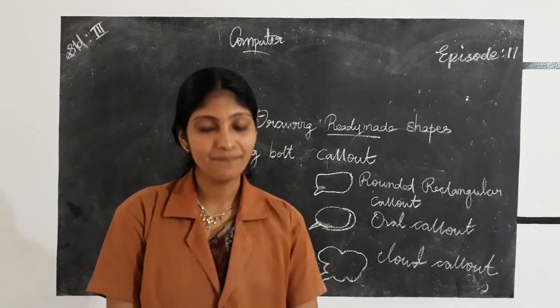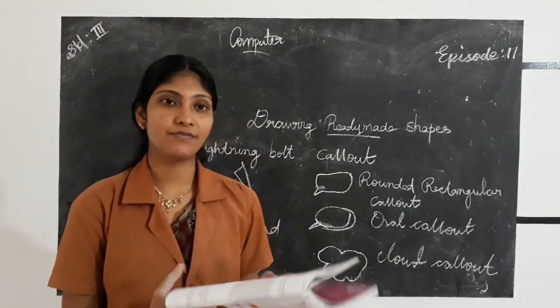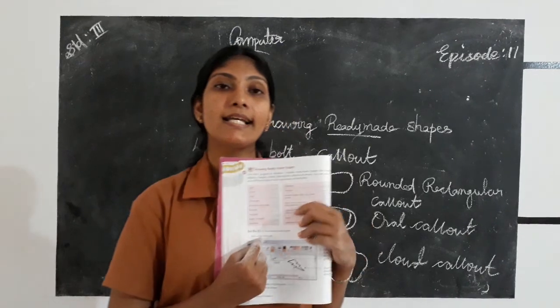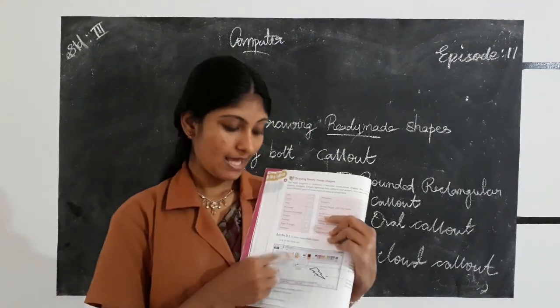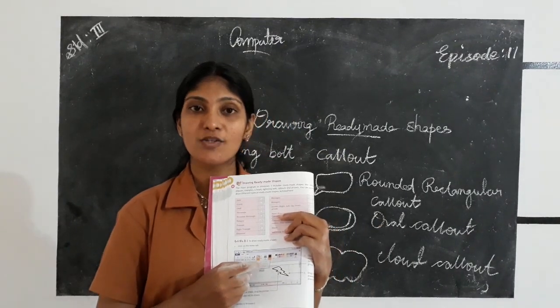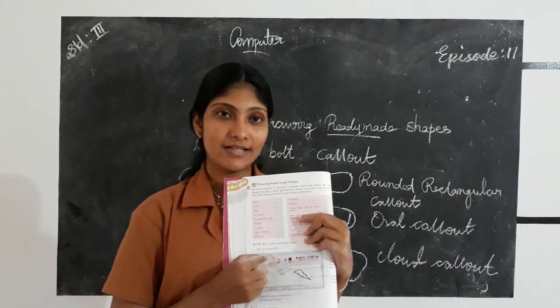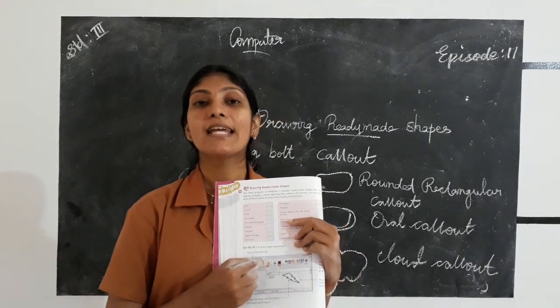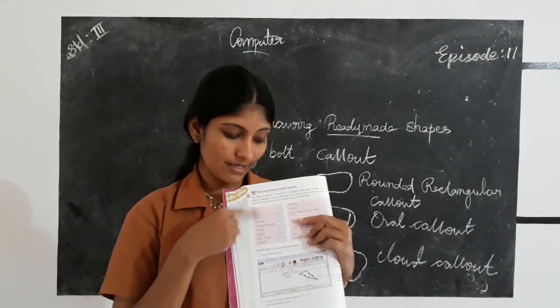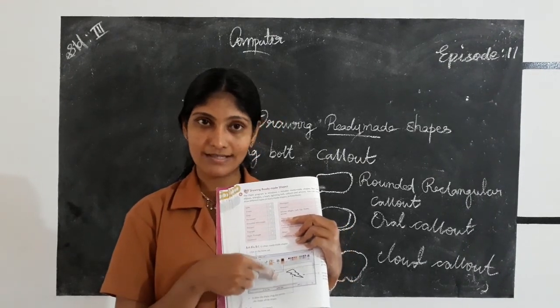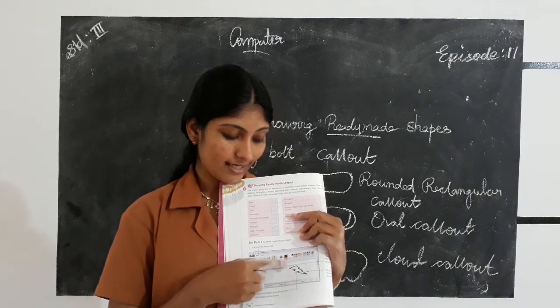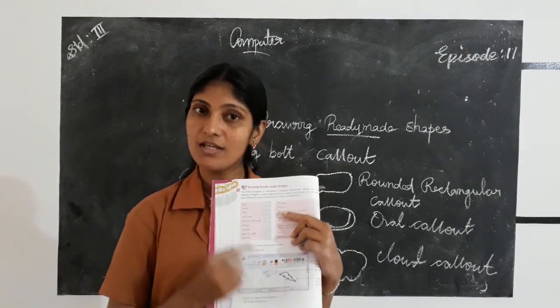So first, look at the picture, page number 58. First, click on the Home tab and then this is the shapes collection list or shape button. Click that shape button. It contains the different shapes we discussed before and then select one of the shapes.